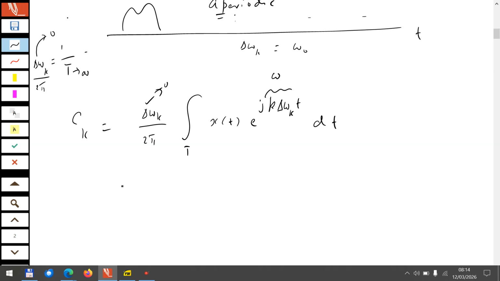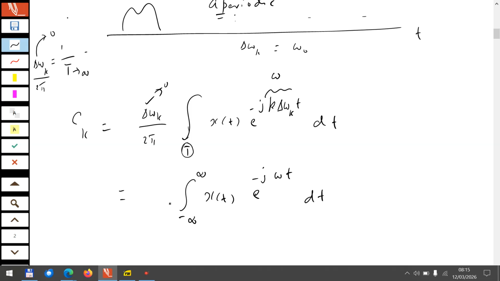And what will happen to this integration? This is over one period, but now our period is infinite. So this will be minus infinity to plus infinity. This will become x of t, e to the minus j omega t, no k, no omega k, dt.